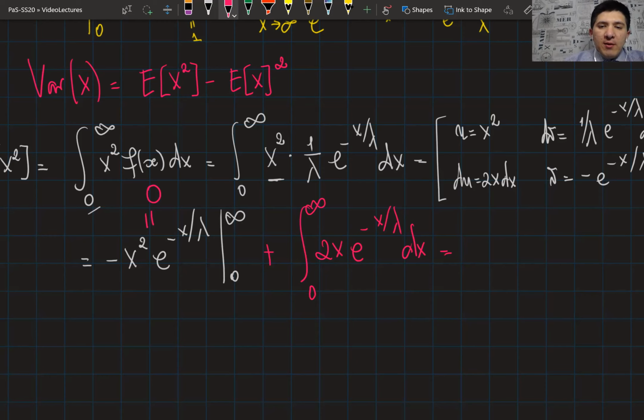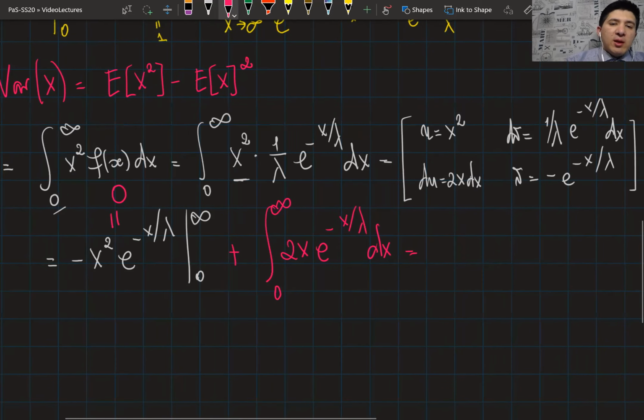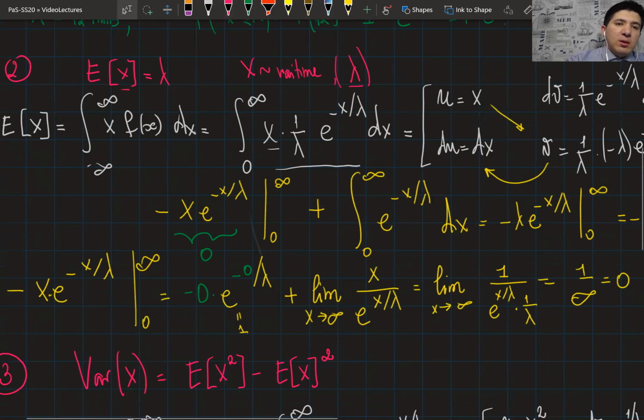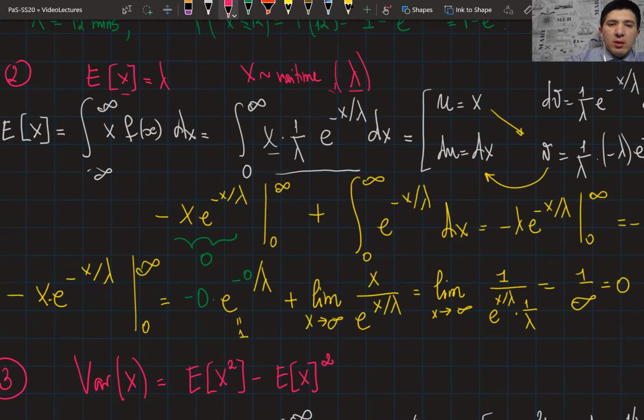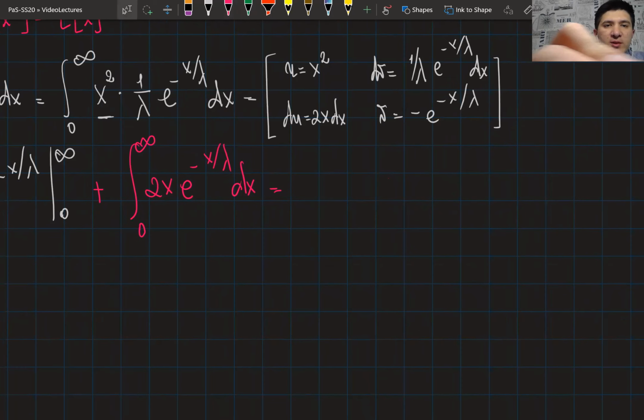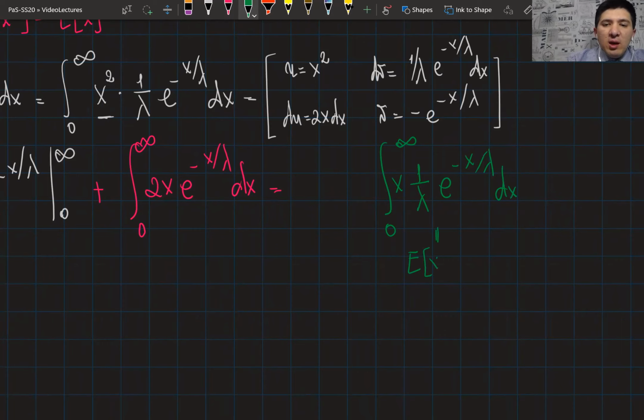Please note that this is very much similar to this one. Let me write it: the integral from 0 to infinity of x multiplied by 1 over lambda e to the power of minus x over lambda dx would be exactly the definition of E of x.